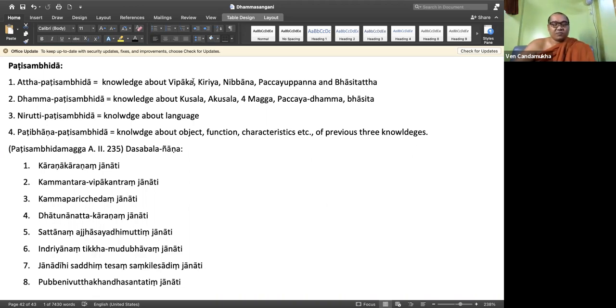Luckily, some of the Mahatheras, some of the Savaka great disciples, when they attain Arhathood, attain it together with the Patisambhida. So language also becomes very skillful. The Nirodi Padisambhida is like that: correct usage, correct words, correct pronunciation.